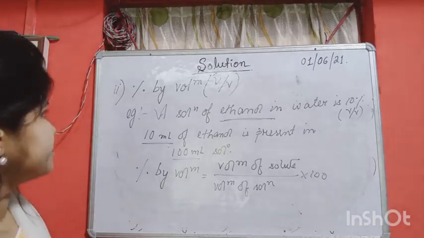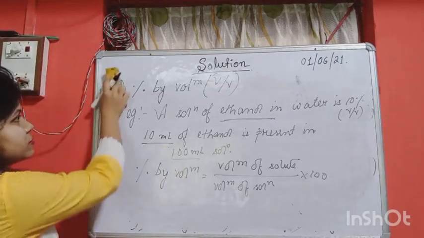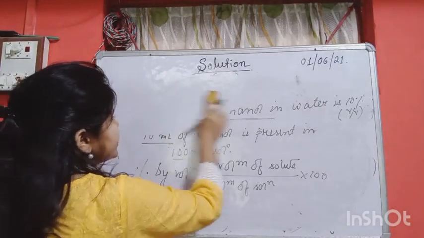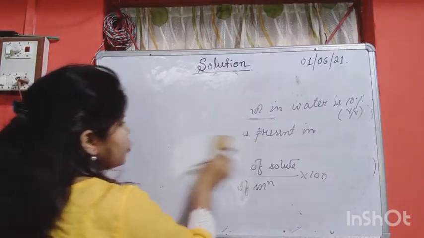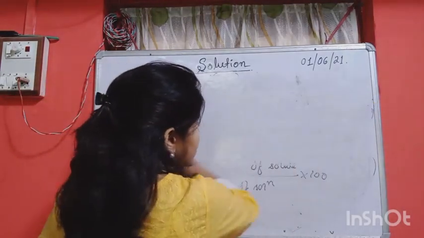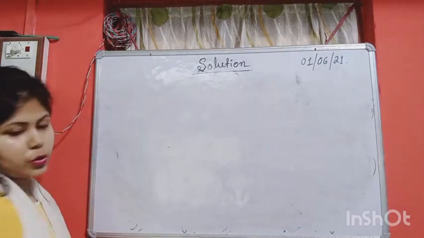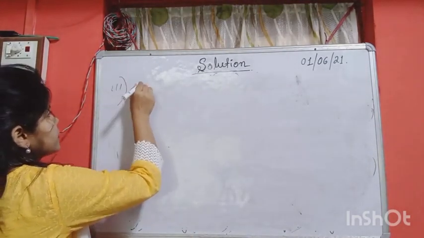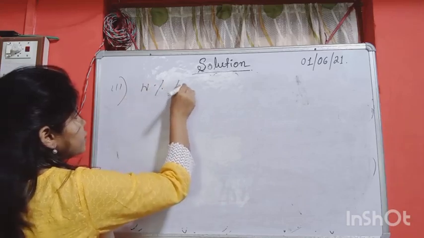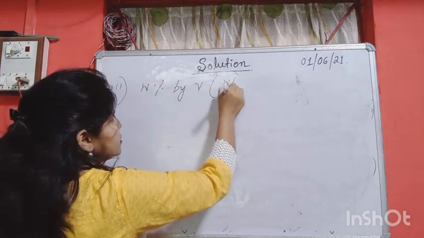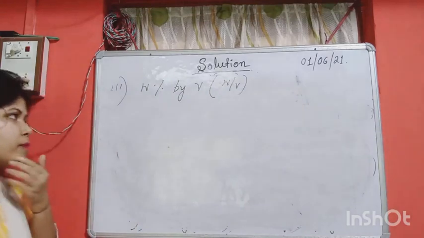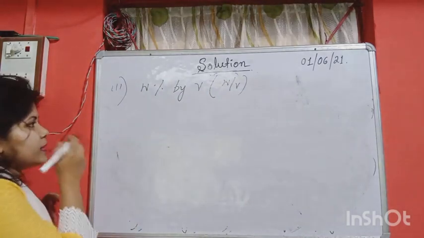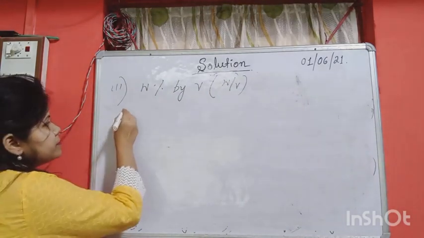Next, number 3 will be weight percentage by volume, which is the most important one out of these three. So number 3 is weight percentage by volume, or W by V percentage. Suppose I am taking an example.